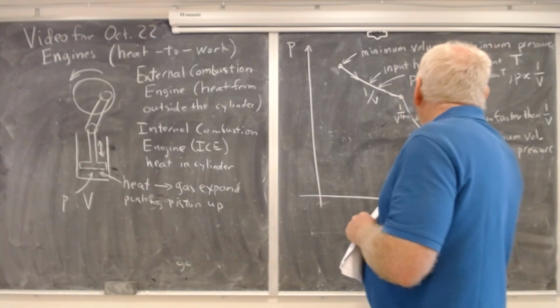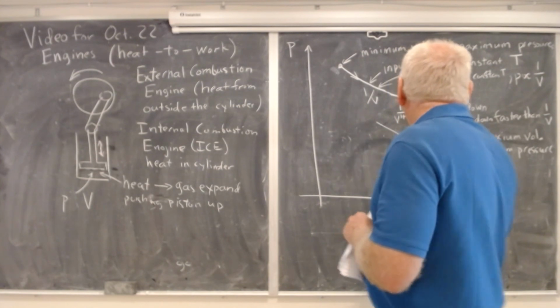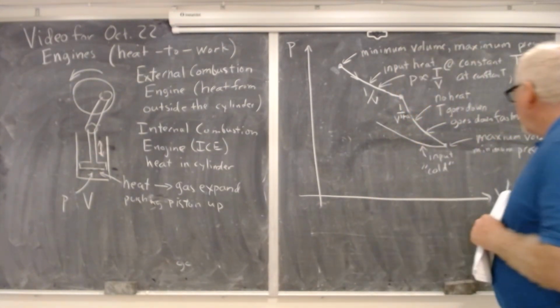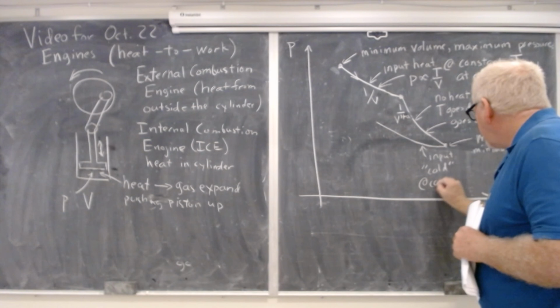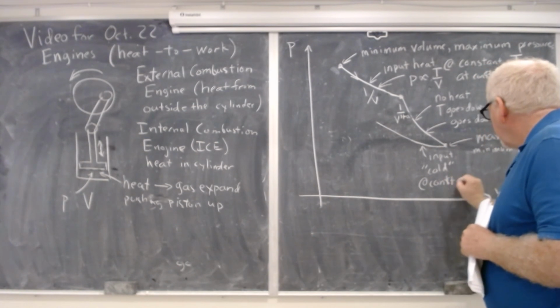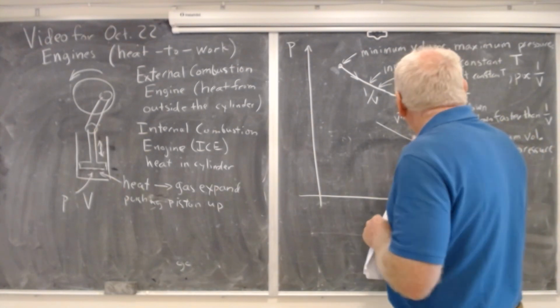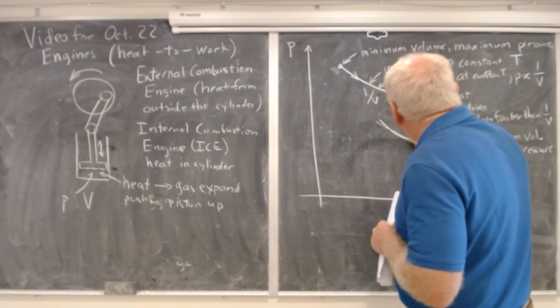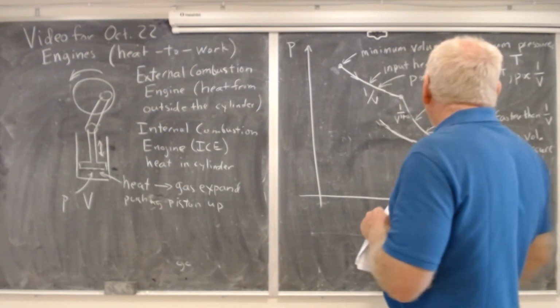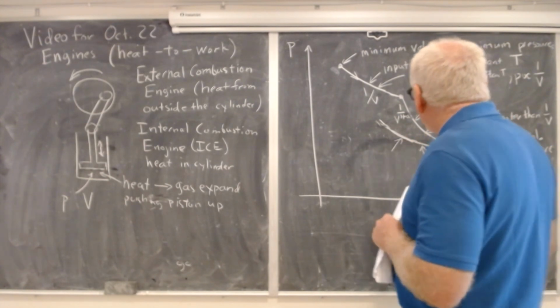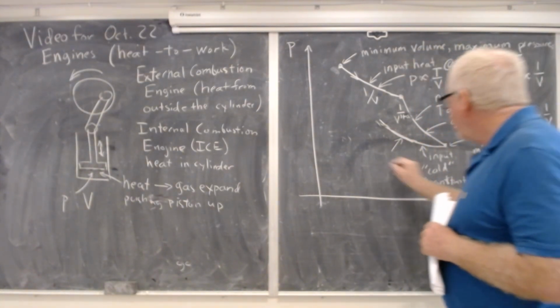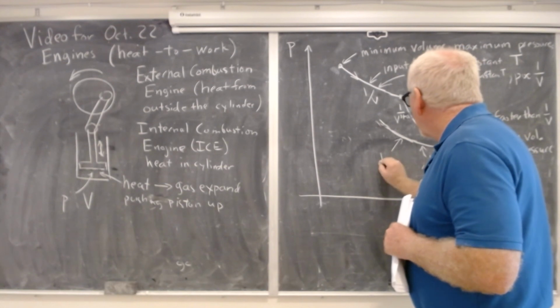So at constant T, I can't draw with a crowd. All right, so how does that go? Well, if it's constant T, this is going as 1 over V.